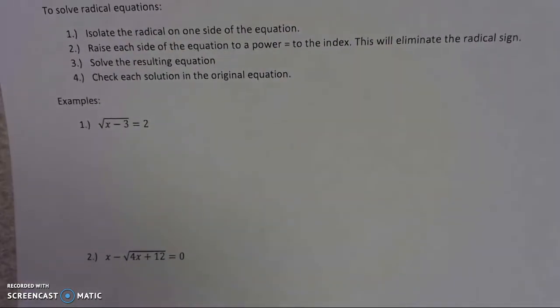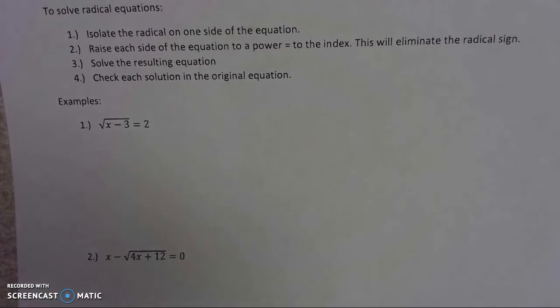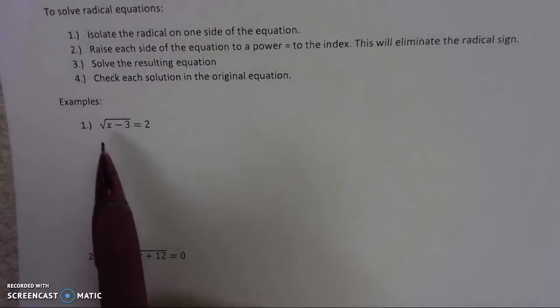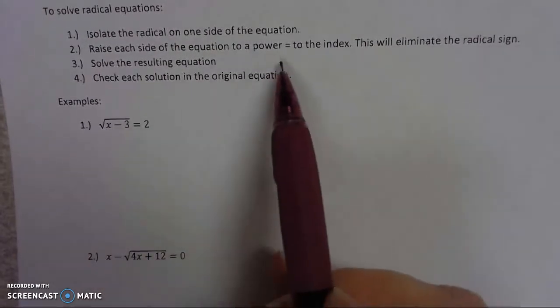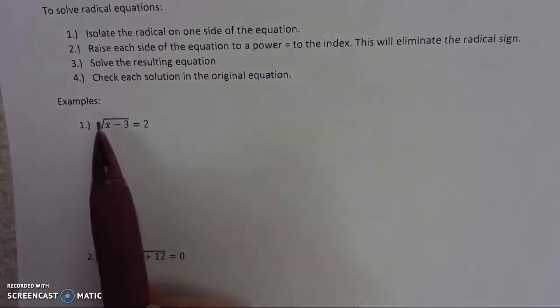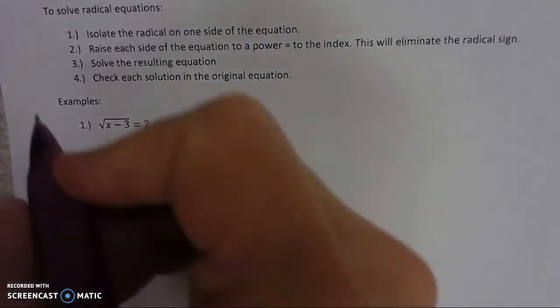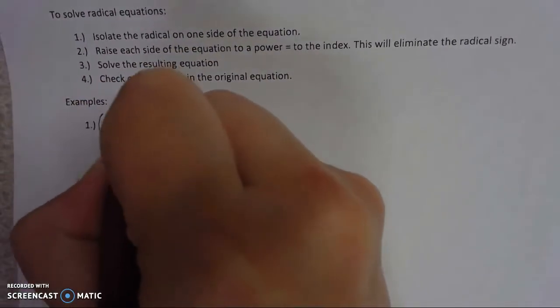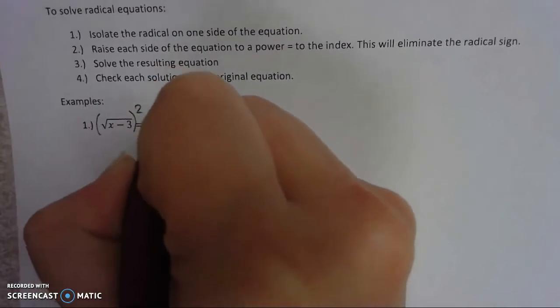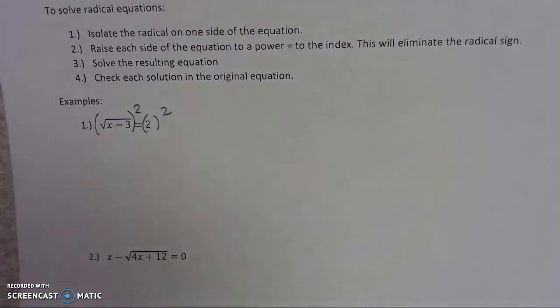Okay, so when I look at example 1, it says the square root of x minus 3 equals 2. Right now, my radical is isolated. It is the only thing on the left side of that equation. So, since it is isolated, I want to raise both sides to a power equal to the index. This is a square root. So I'm going to raise both sides of the equation to a power of 2.